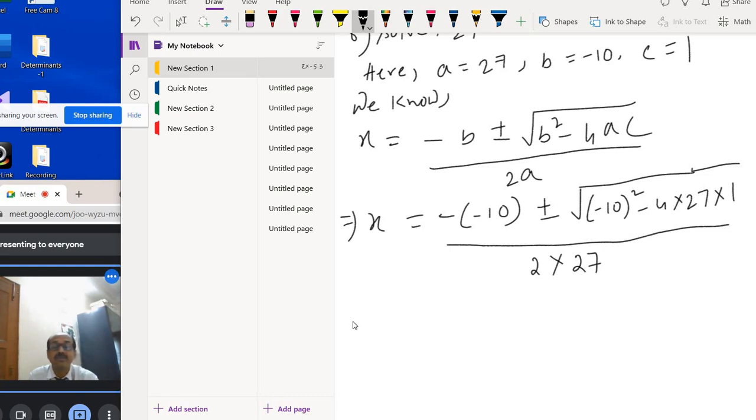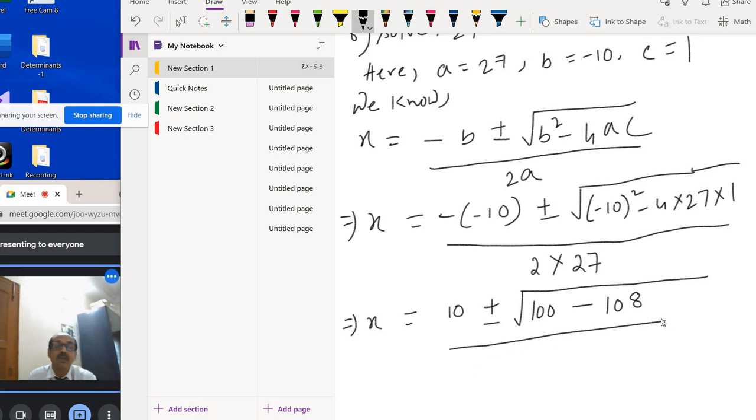Okay, so x equal to minus minus plus 10, plus minus under root 100 minus 108. 10 square is 100, minus 4 into 27 into 1 is 108. 100 minus 108 by 54.